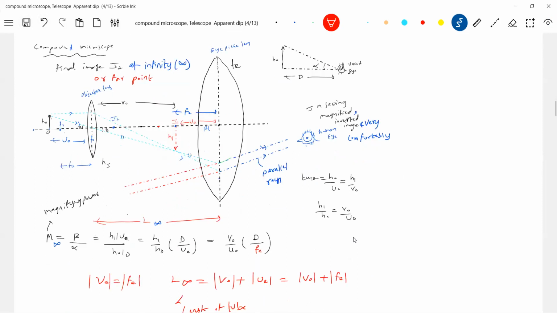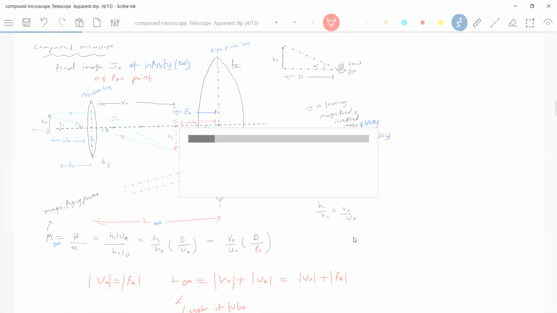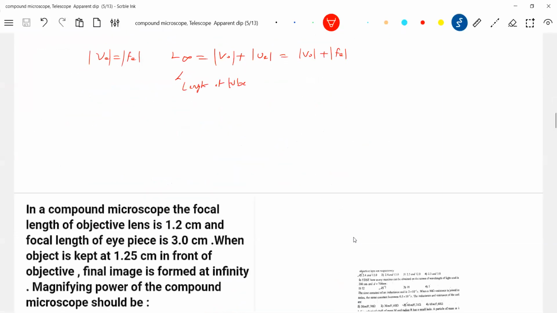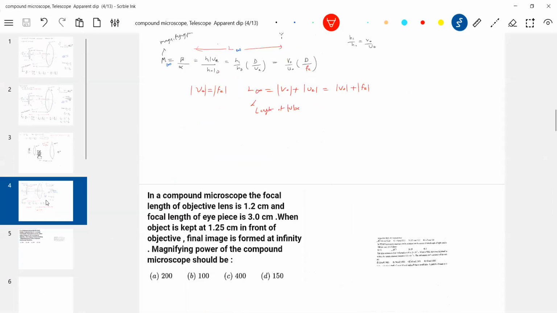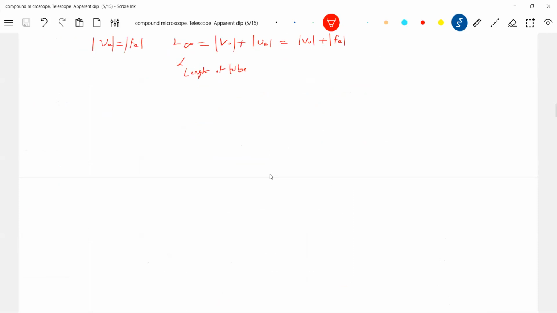Okay, shall I go for the next, the telescope? Problems we will do combinedly. Some two problems are there, very easy for you. I'll start the telescope. What is a telescope? I want to see far away objects.